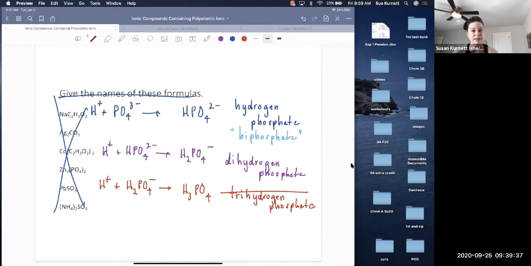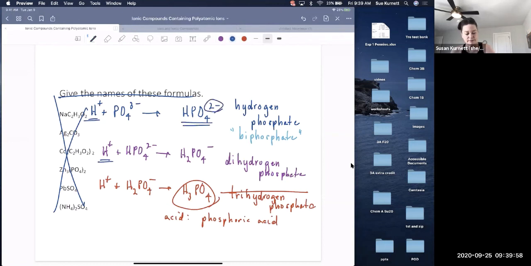It's a compound. It's a covalent compound that is named as an acid, and the only correct name for this is phosphoric acid, which we'll deal with next week. The only reason I mention it now is I want you to be clear that we can do this trick of adding hydrogens as long as we end up with an ion. And then we just add the word hydrogen.